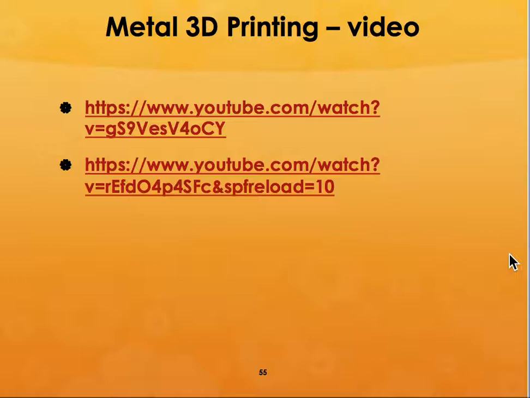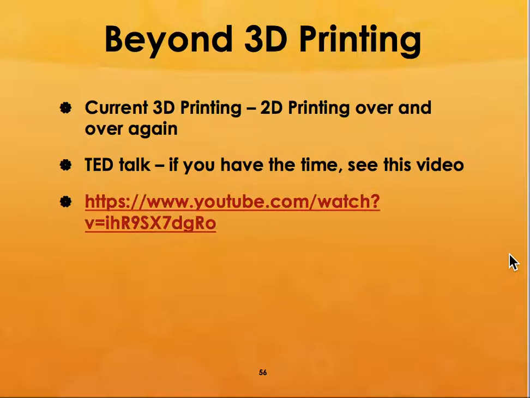So here are again some videos of the process, and what I want to end with is this. Even though we are claiming about additive manufacturing and 3D printing that it is faster than traditional manufacturing processes, this is still a slow process.